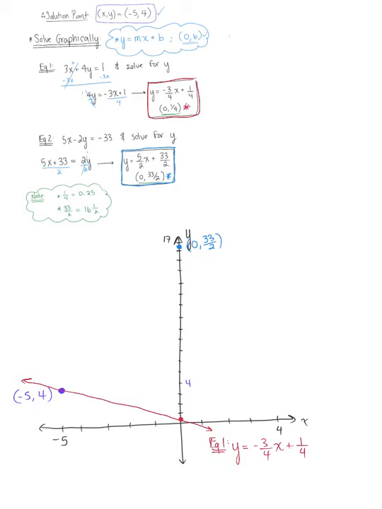And again, connecting our solution point to this y-intercept, we now have a nice graph of equation 2, which we converted again to slope-intercept form, y is equal to 5/2 x plus 33/2. And then shame on me, I did not label our first y-intercept down here, which is at 0, 1/4. And so this is solving our system of equations graphically.